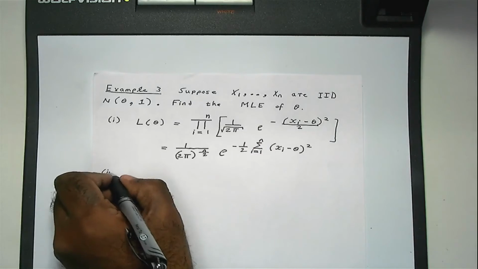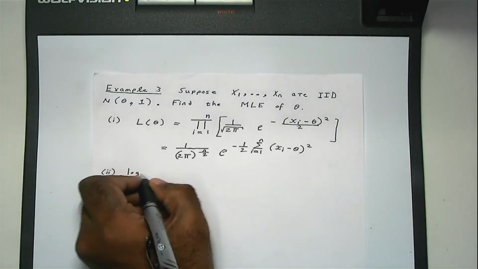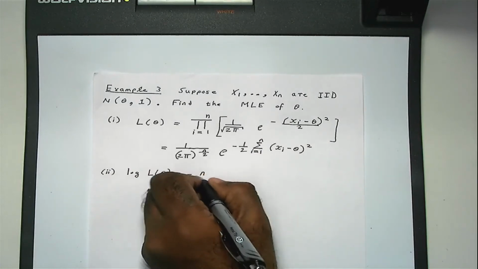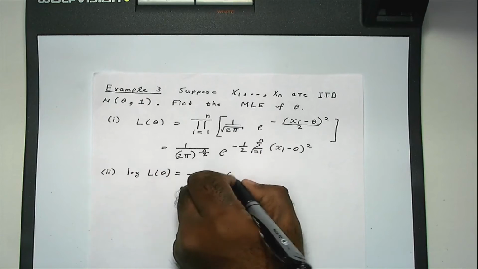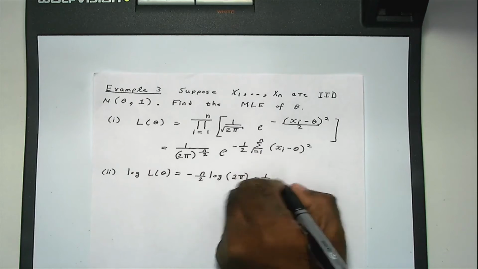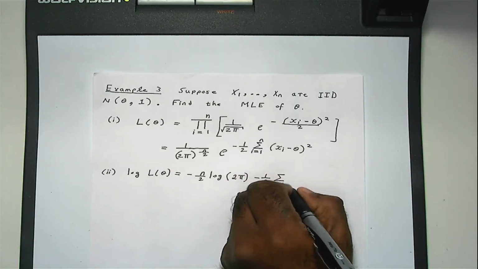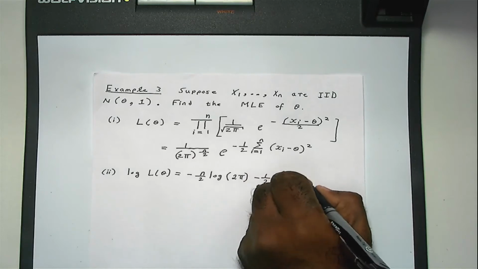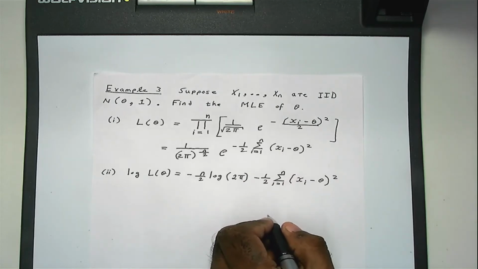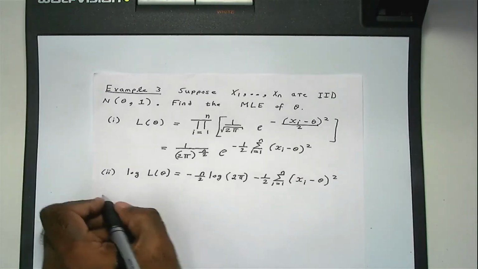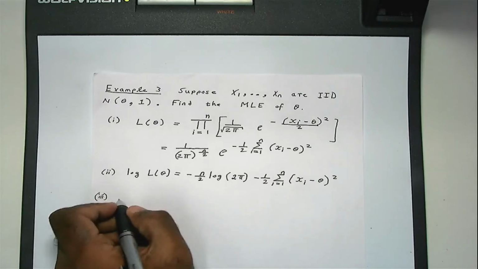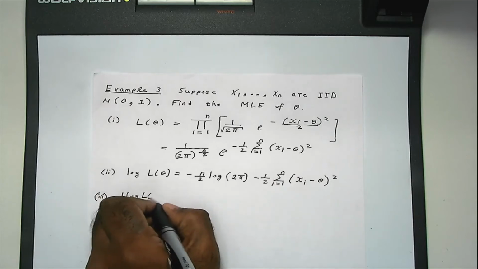Step 2 is to take the log of the likelihood, which is this. And step 3 is to take the derivative with respect to theta.